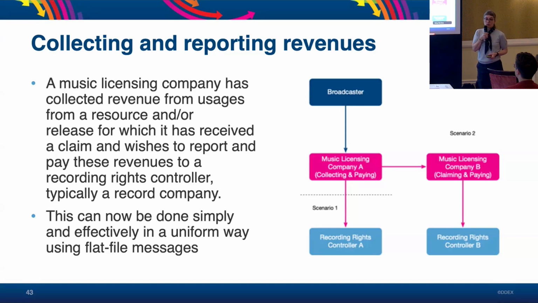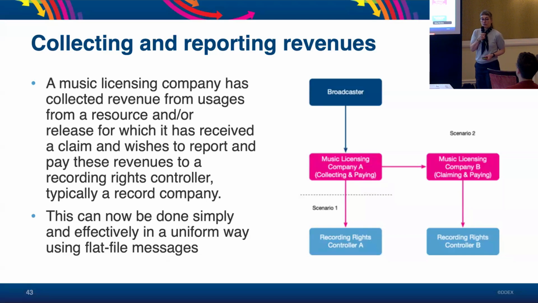So this morning we saw that the RDR-N notification standard has a set of messages, two of which are related to revenue reporting in XML. That is, I believe, no longer used. We had version 1.0 to make that process simpler in a flat file.